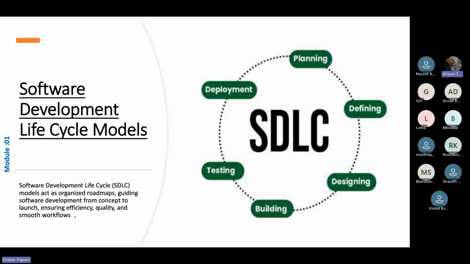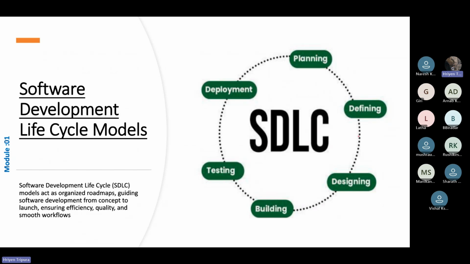That means for every software development we have to follow certain instructions, a certain structure, it has to be this way and that way. That is when we use software lifecycle models.